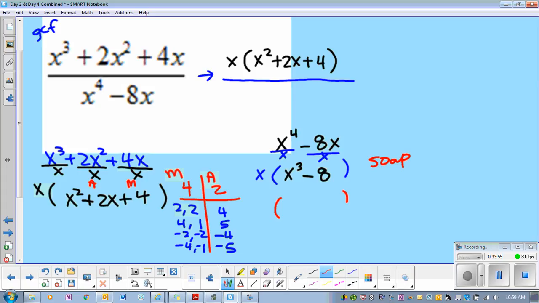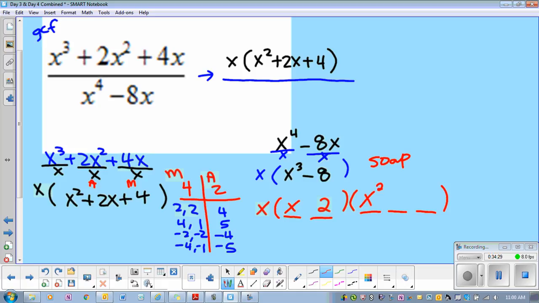So remember, SOAP has a special 2 and a 3 thing, right? 1, 2, 1, 2, 3. Bring down your x because that GCF isn't going to hurt it. We can bring that down, right? What's the cube root of x cubed? X. What's the cube root of 8? So what goes in this first one? X squared.